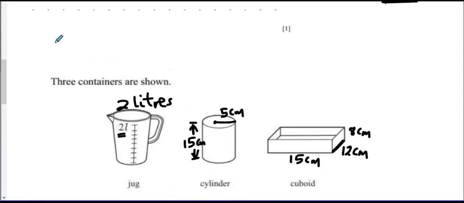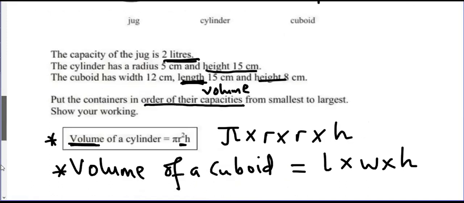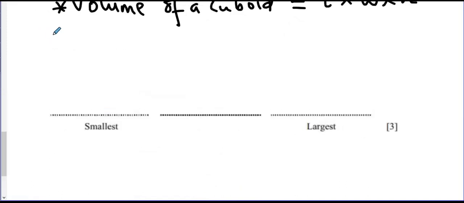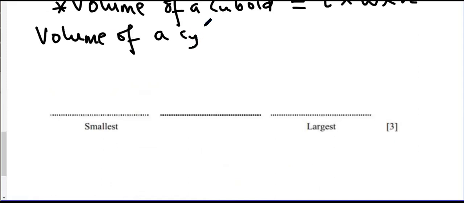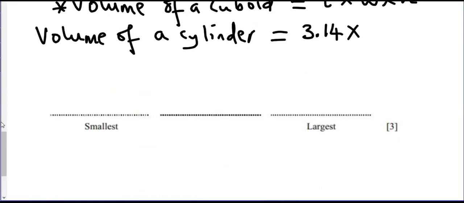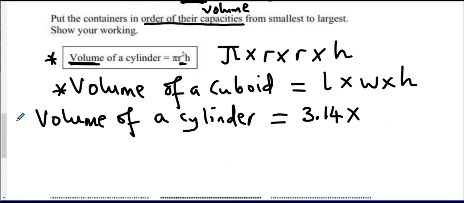So here I'm going to write volume of a cylinder equals pi. Cambridge says do not use 22/7. Cambridge suggests 3.14. So the volume of a cylinder equals pi times radius times radius.